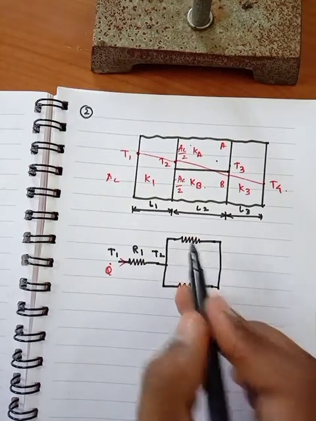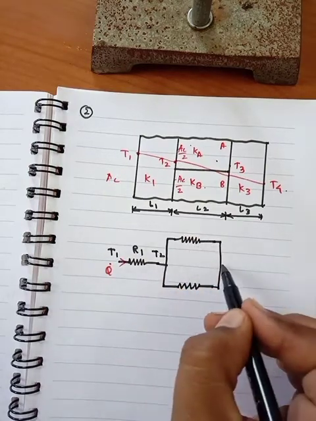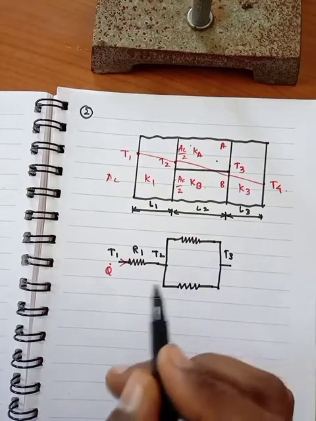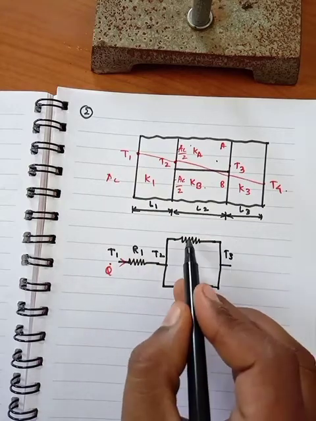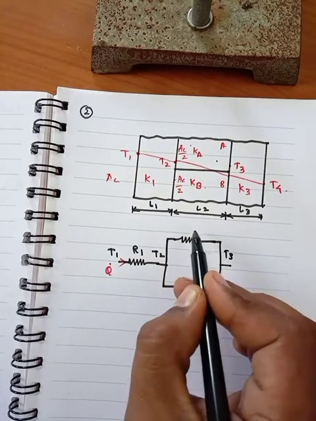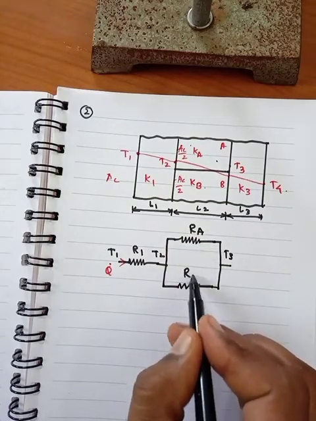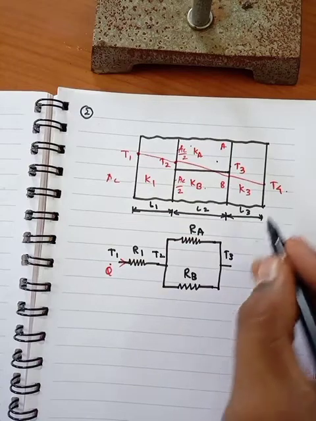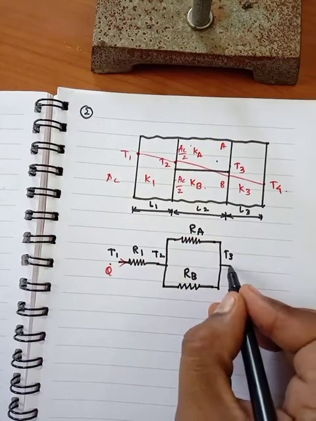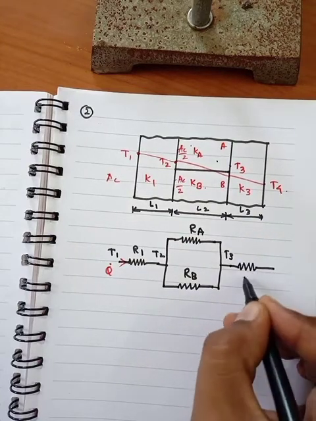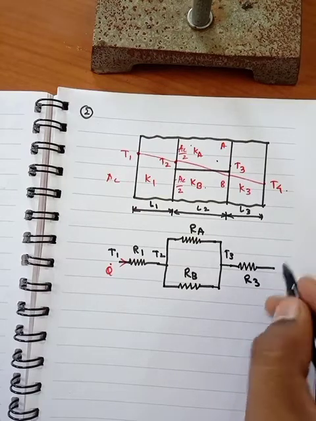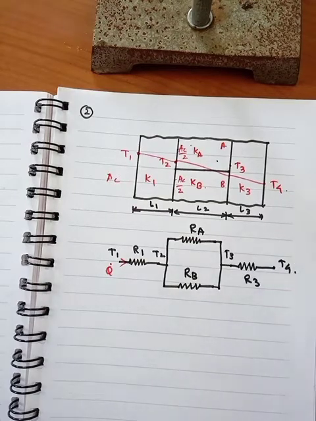So this is T2, and this is again T3, the temperatures at the interfaces, and this resistance we'll consider as RA, and this resistance as RB. And last we have the third layer, which has the resistance R3. The temperature at the end is T4.